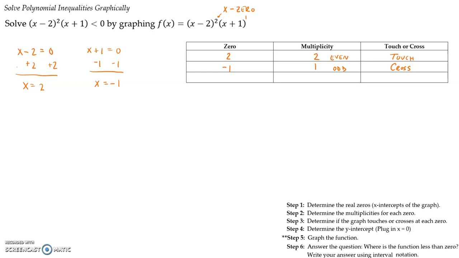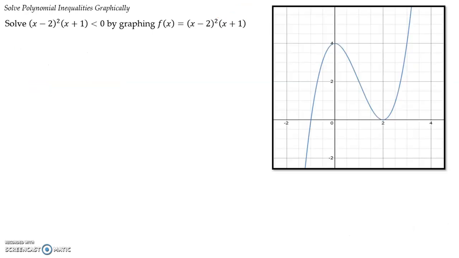Let's go ahead and graph our function, and then we can take a look at where our function is going to be less than 0. So let's take a look at our graph. I'm going to give us a little snapshot of our x-axis. And let's take a look at the zeros we had.